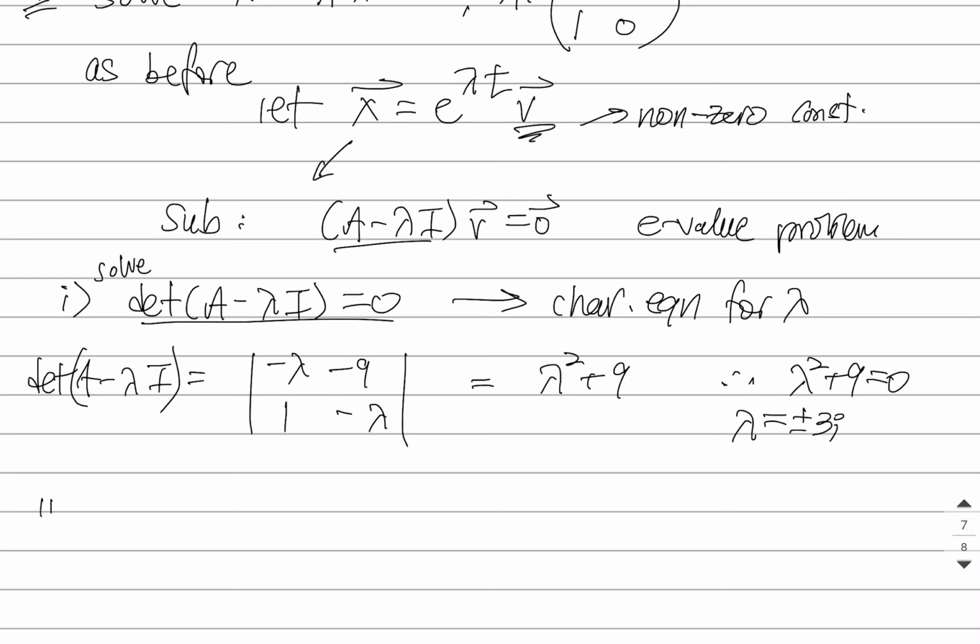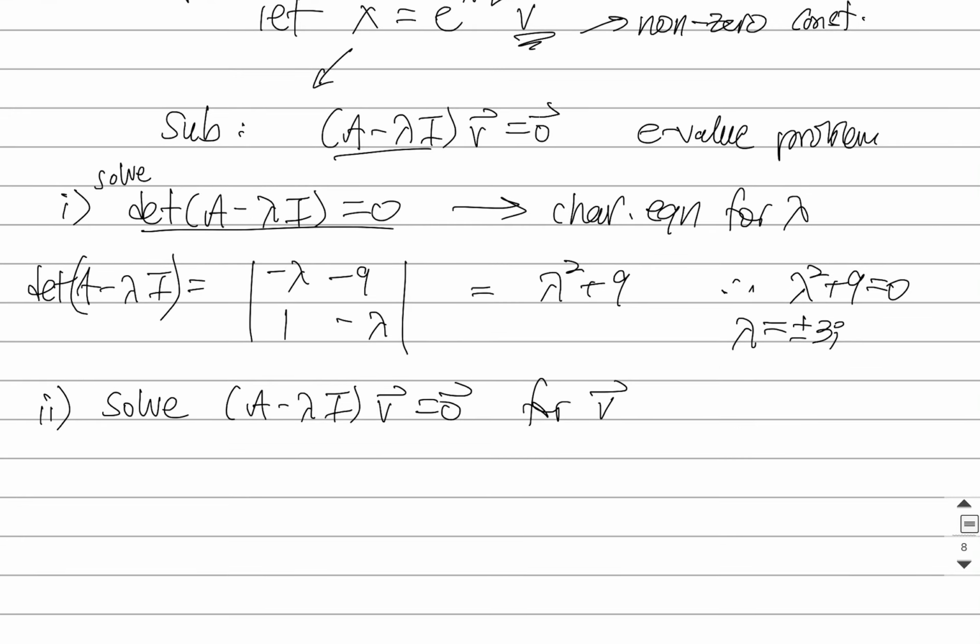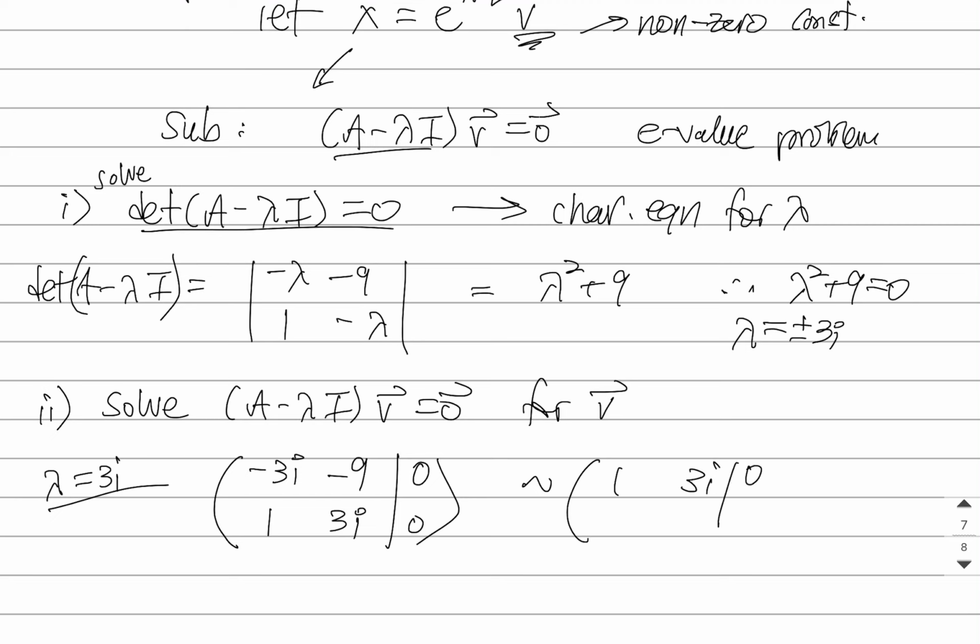Step 2 is to solve (A minus lambda I) times v for v. We want to solve this homogeneous system and get non-trivial solutions. So when lambda is 3i, what we need to solve is [-3i, -9; 1, -3i] with zeros on the right. If we go ahead and rewrite this, do a row swap, what we'll find is that if we take 3i times equation 1 and add it to 2, this will become the new equation 2.